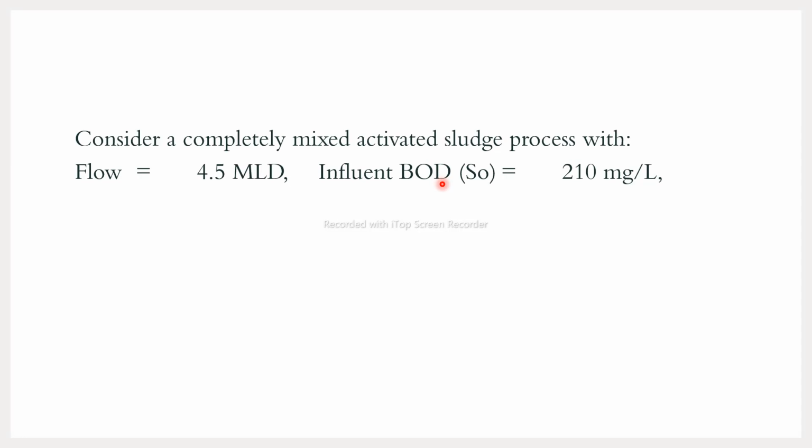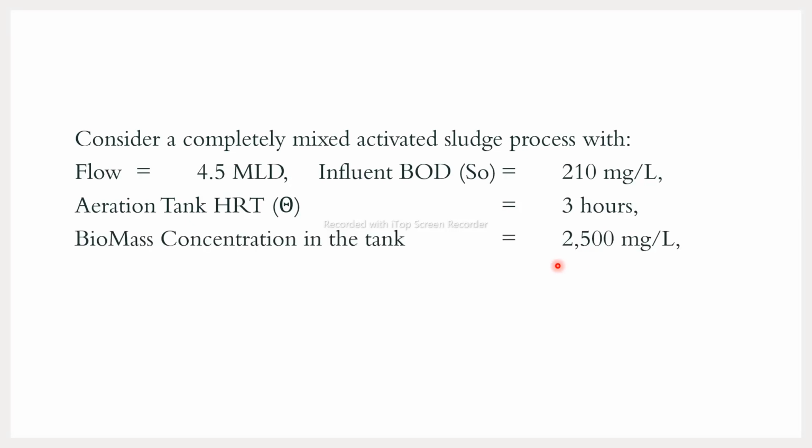Okay. So now in this problem, you have to consider a completely mixed activated sludge process with Q. Flow is 4.5 million liters per day. Influent BOD is given. Aeration tank HRT, that is hydraulic retention time, is 3 hours. Biomass concentration in the tank is given as 2500 milligram per liter. It is your X, I think, right?